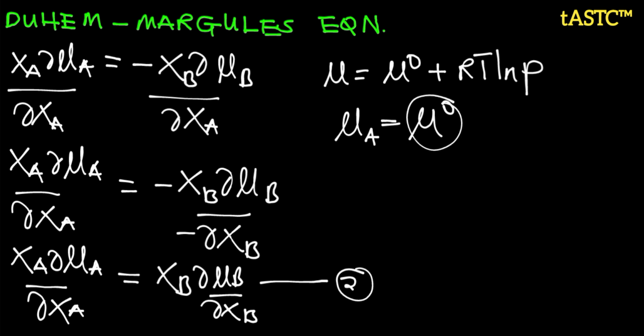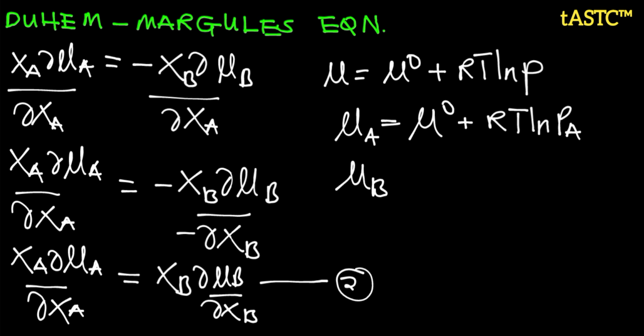So this remains the same way. And this is going to give us ln P sub A. So in this case, we're actually talking about the partial vapor pressure of the first constituent. How about the second? What is it going to be? So that is going to be mu sub B, and this is mu naught plus RT ln P sub B.